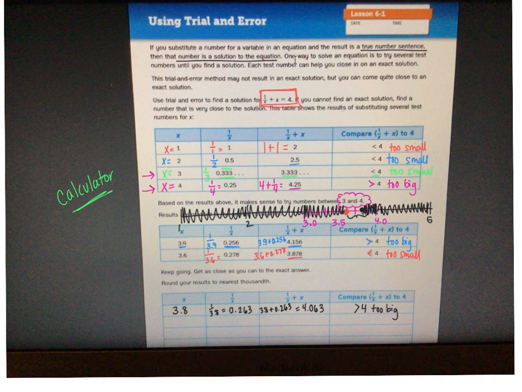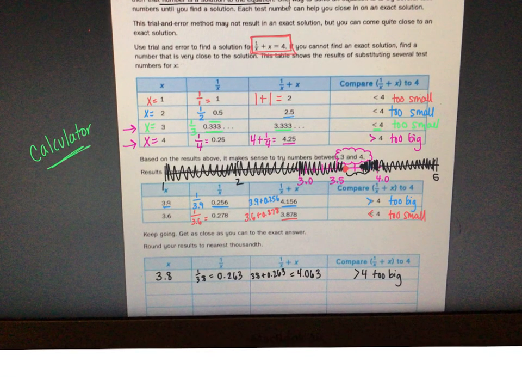So therefore, my number now has to be between 3 and 5/10 and 3 and 8/10. So let's go and check 3 and 7/10. In my calculator, I'm going to take 1 divided by 3 and 7/10. And when I do that, I get 0 and 270 thousandths.